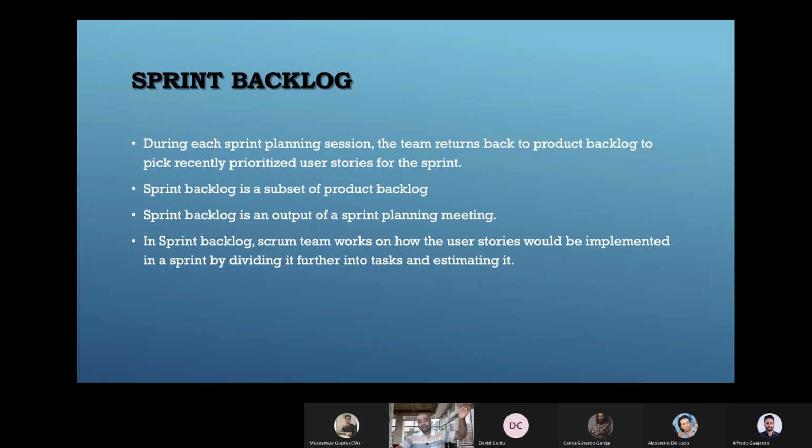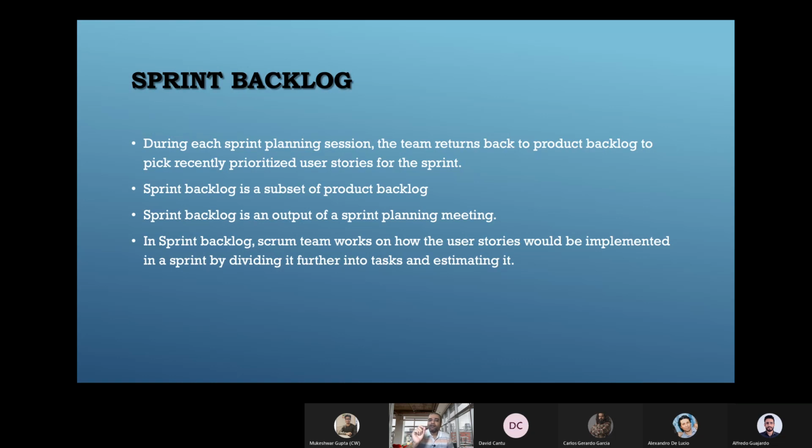But in this upcoming sprint, you may have number 1 and number 2 priority as some other story, not the thing which got spilled over or not completed in the current sprint. So accordingly, from the product backlog, you will pick the most recently prioritized user stories for the next sprint.